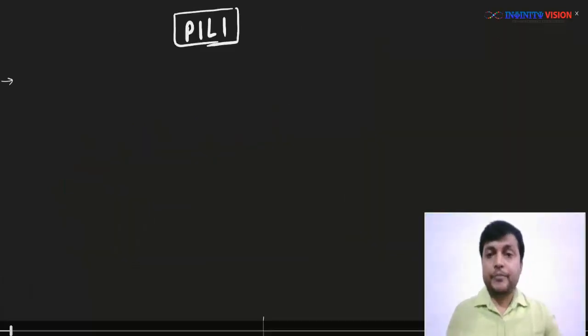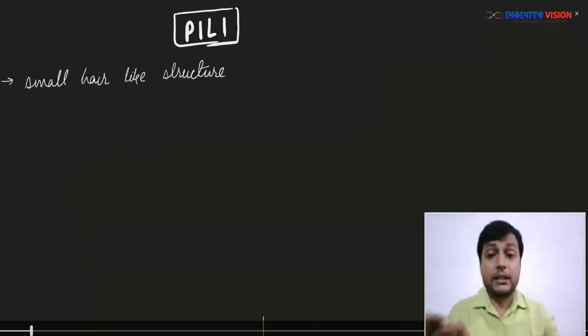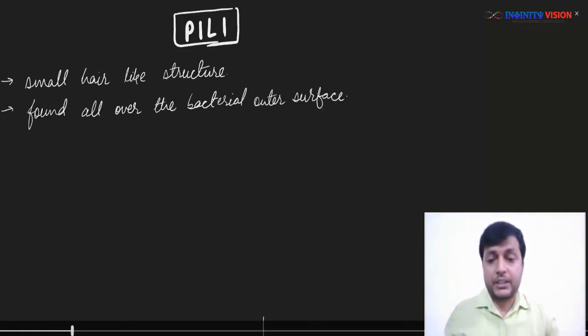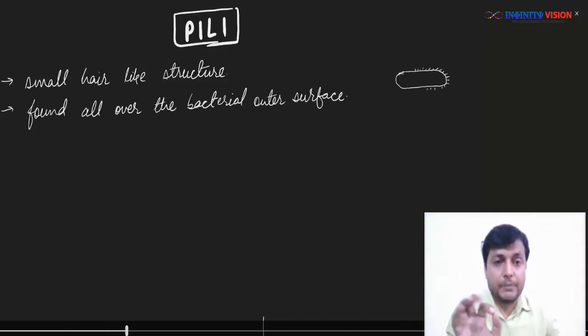Now let's see the second bacterial appendage, that is pili. Now what is pili? These are small hair-like structures, which are found all over the bacteria, that is on the outer surface of the bacteria, as you can see here. So on a bacterium, I'm drawing these small hair-like structures. These are pili.